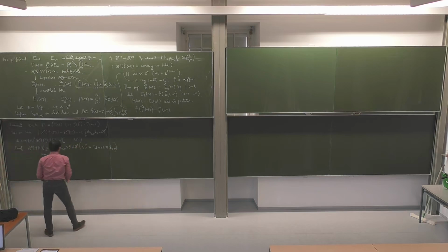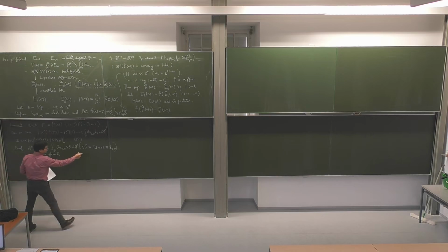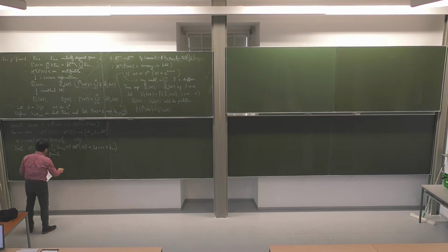Since we have that, we can continue: this is equal to gamma of basically 1 plus delta t, and the trace of this restricted to the tangent space would be just a divergence, actually.